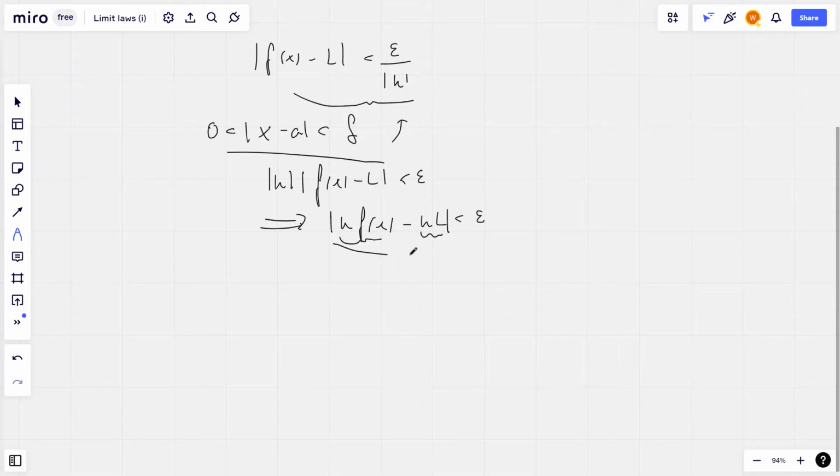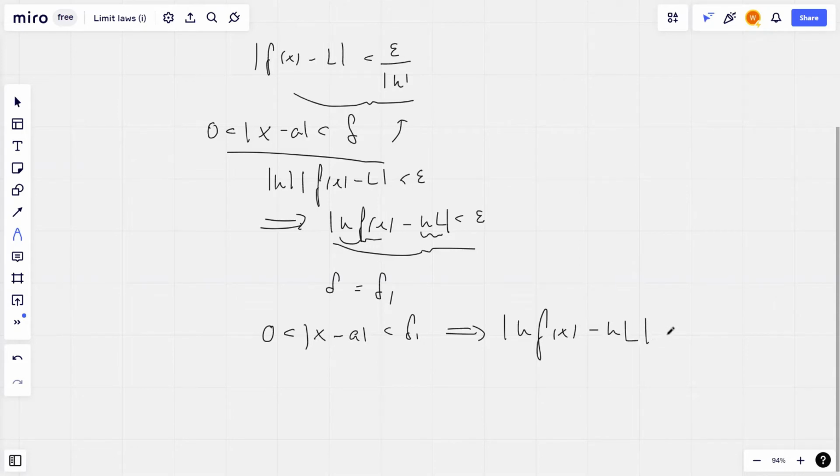However, since this is also implied, if we choose some delta to be equal to delta 1, then when the absolute value of x minus a is less than delta 1, we have that k times f of x minus kl is less than epsilon, and that's all we really need to do in this case.